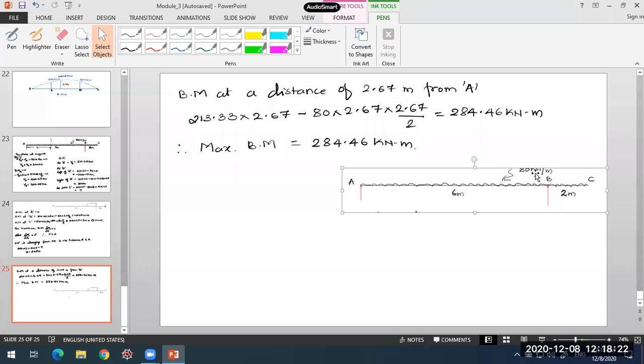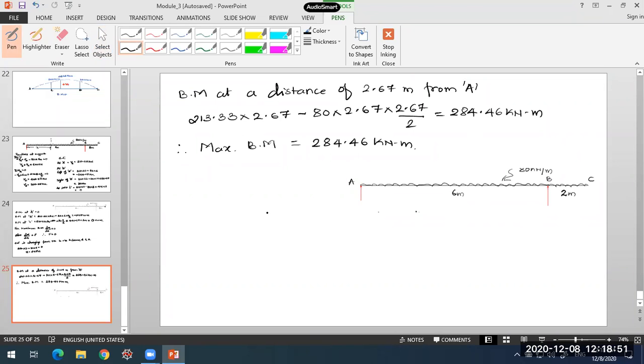When we calculated the bending moment at point B, it is minus 160 kilonewton meter, and when we calculated the maximum bending moment, it is coming out as plus 284.46. So the bending moment is positive between A and B, whereas at B it is negative. So we have a point where the bending moment is changing from positive to negative. That is a point of contraflexure.